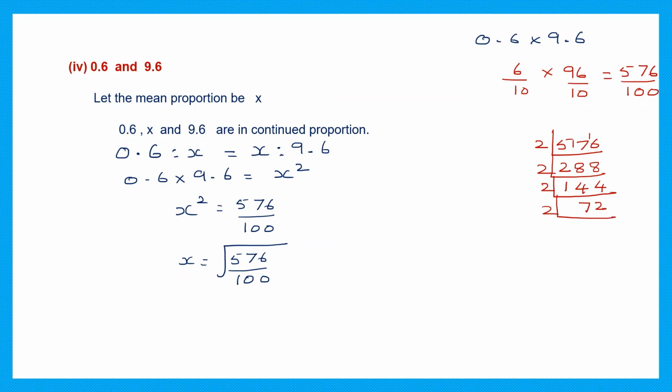Continue with 2. 2 3s are 6, carry 1, 2 6s are 12, 2 8s are 16, 2 9s are 18. Now I can't use 2 anymore. I'm going to use 3. 3 3s are 9 and 3 1s are 3.